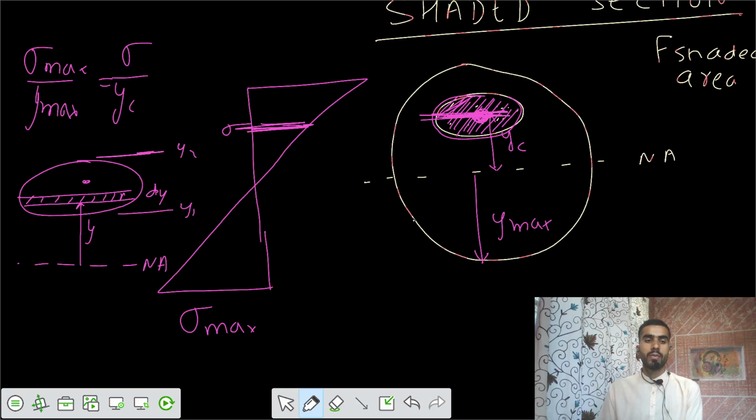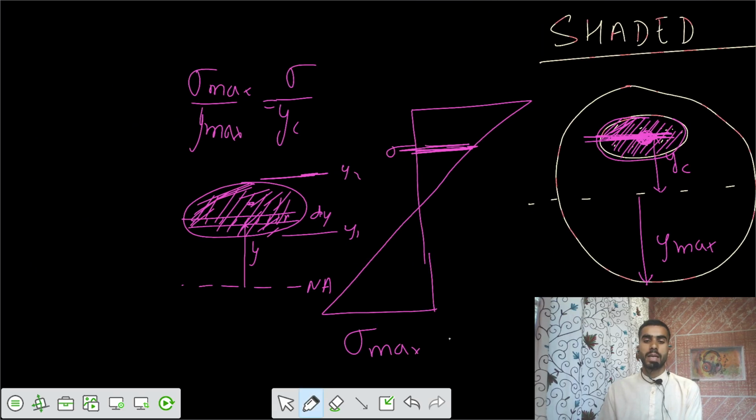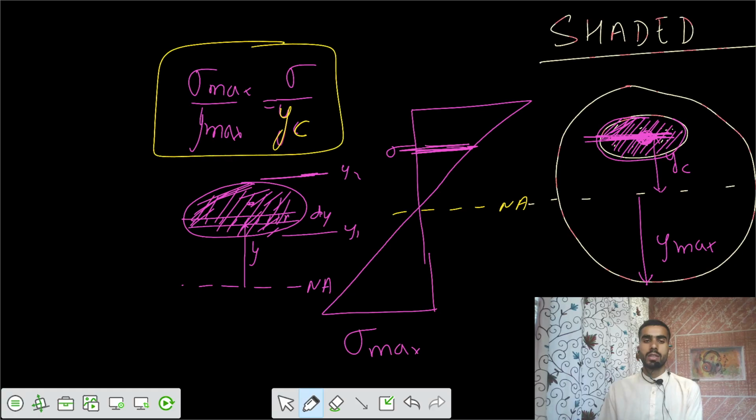Then accordingly we can get the overall stress contribution of this area. But we are approximating. This method only solves at the location of the centroid from the neutral axis.